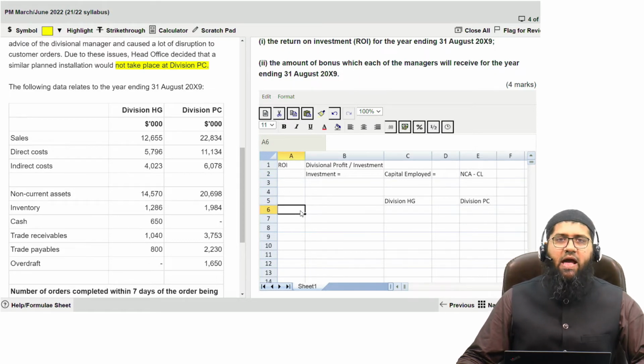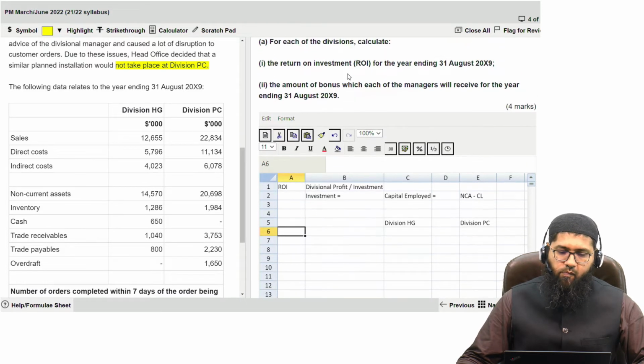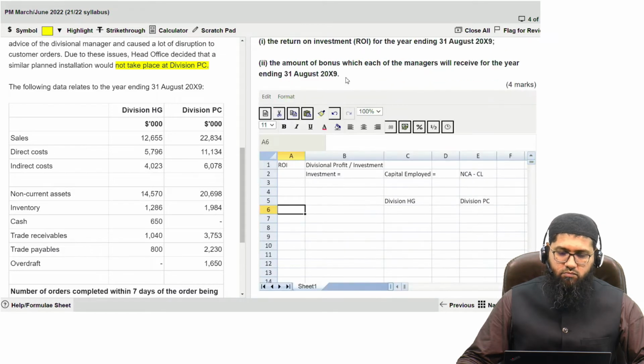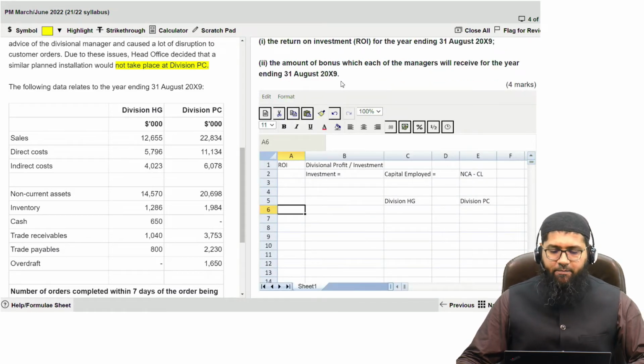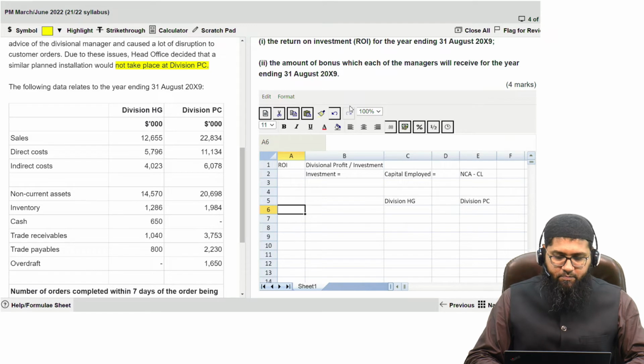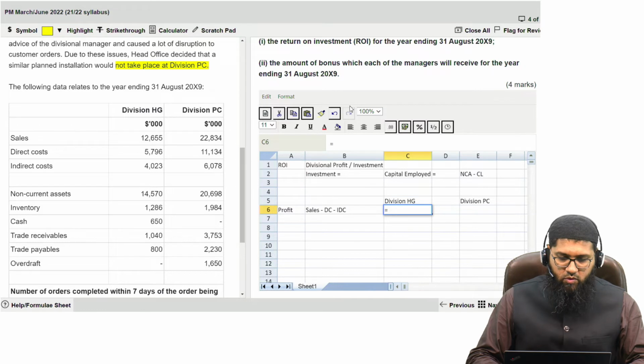Now, what is actually going to happen? Try to understand this. The profit is sales minus direct cost minus indirect cost: 12,655 minus 5,796 minus 4,023.